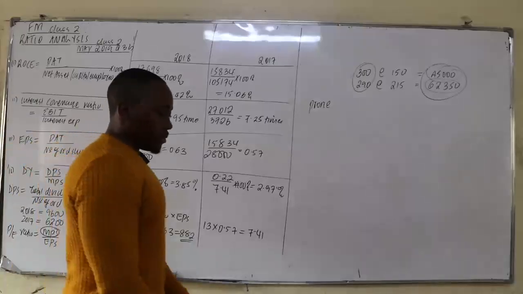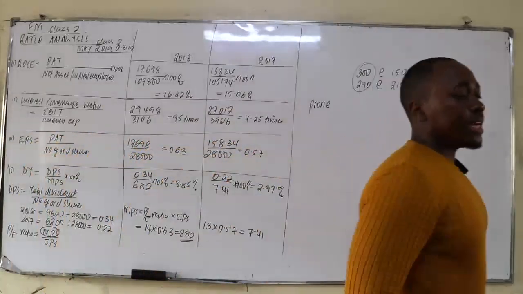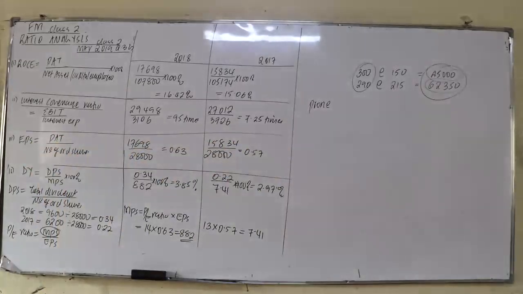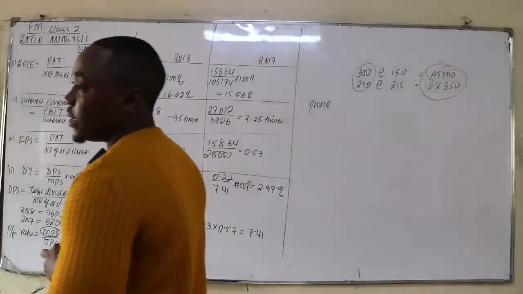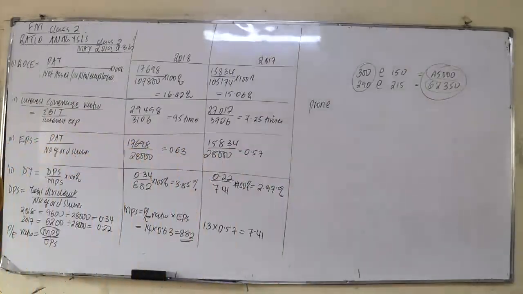Another one, ratios use historical data, which are then used to predict.